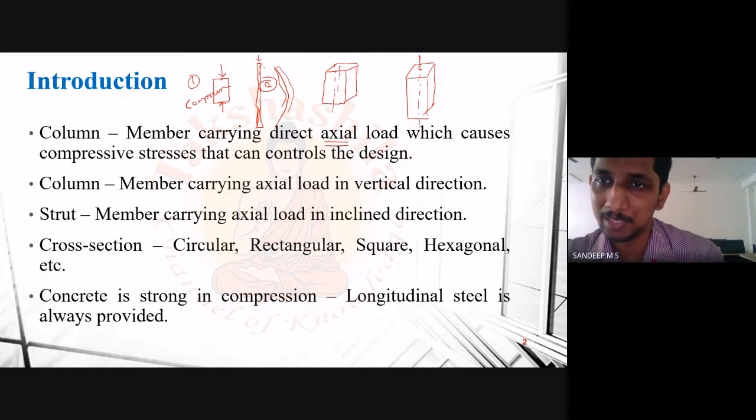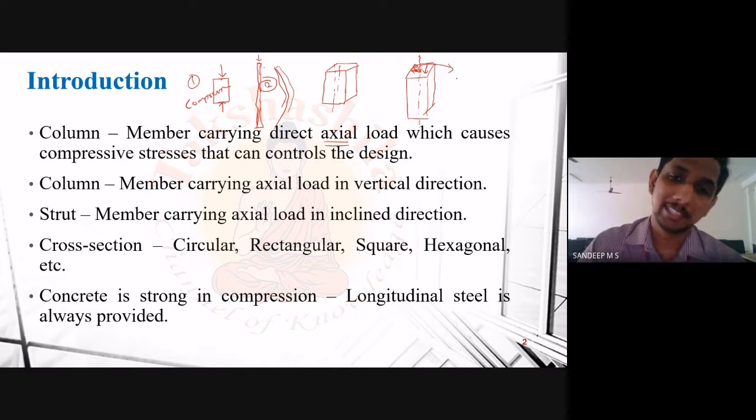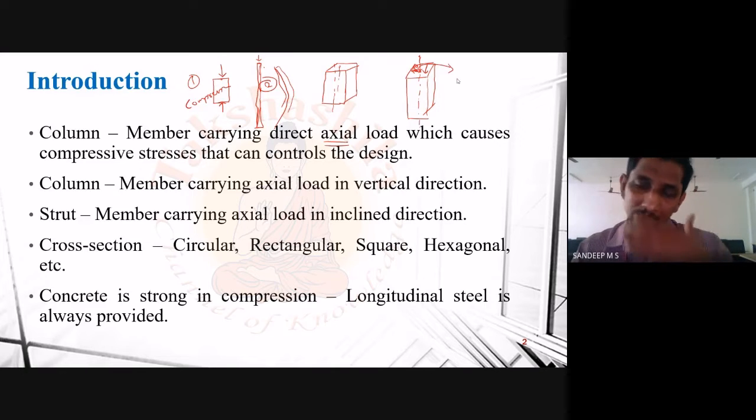This load may be shifted to somewhere here or somewhere here, and the distance through which it is shifted is represented by small letter e, and we call this the eccentricity. So please understand that in the practical case it is very difficult to get a pure axial load. In most cases we will have at least slight eccentricity.